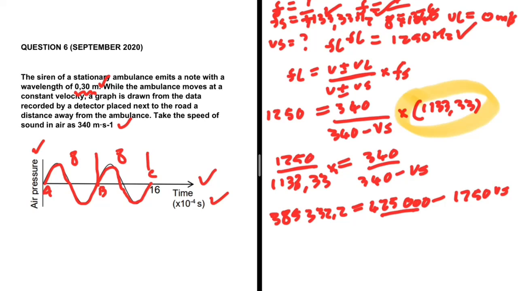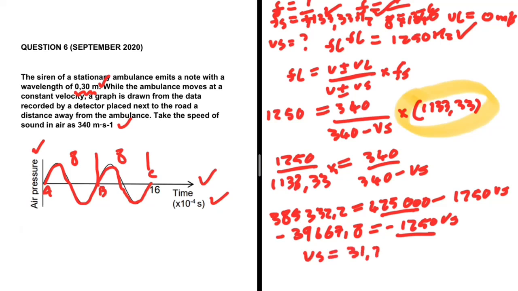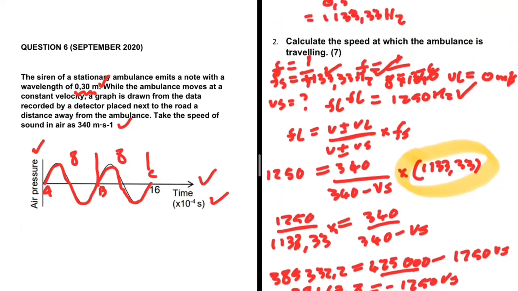So 385,000, 332.2 minus 425,000, that is minus 39,667.8, equals minus 1250 VS. So I just need to divide both sides by the coefficient of VS. When I do that, I get VS equals 31.73 meters per second. That is the speed of the ambulance.